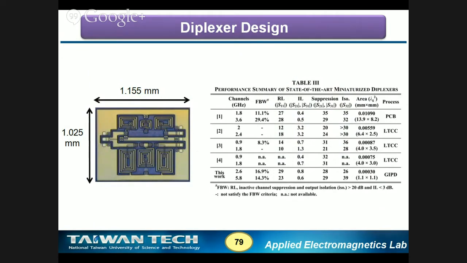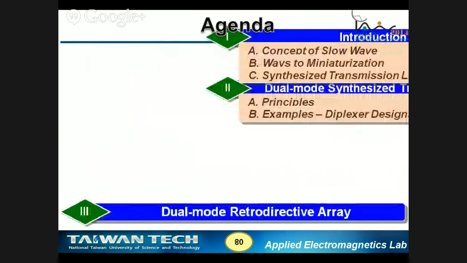For example, the LTCC design uses a high-cost LTCC, and its size is more than twice ours, but our responses are almost the same. It is just a circuit design example.